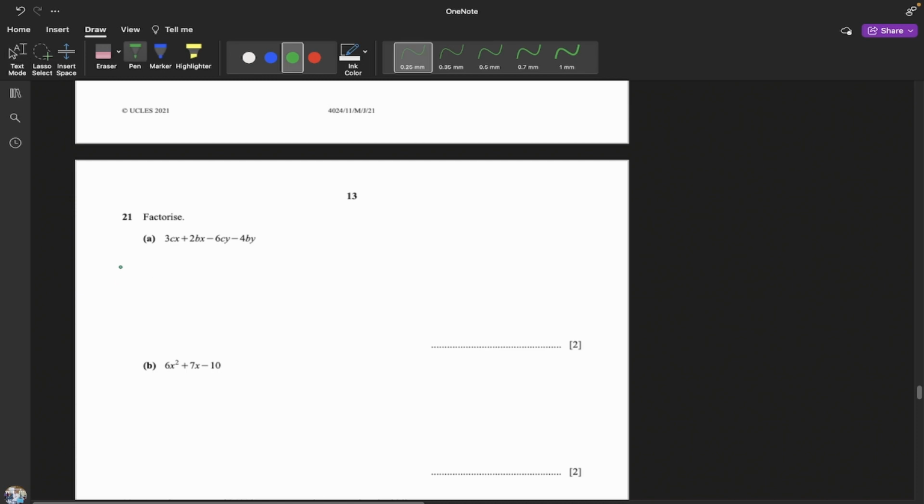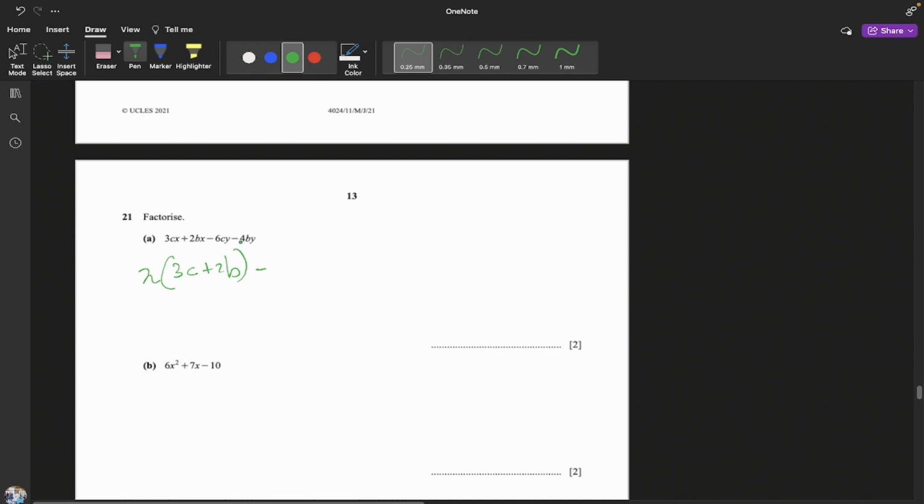Factorize 3c plus 2b times x minus 6cy minus 4by. Okay, so factorization, let's bring the like terms together. We have c, b, x. If I take x out here, it's 3c plus 2b, right?